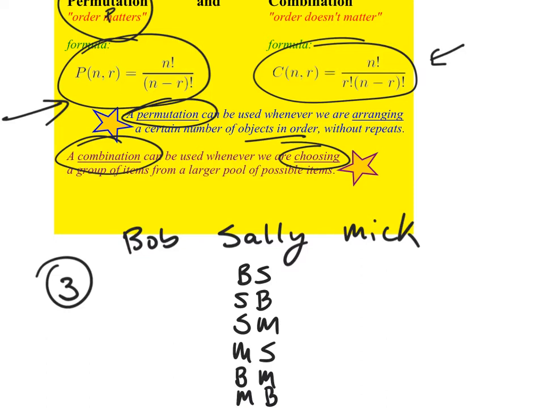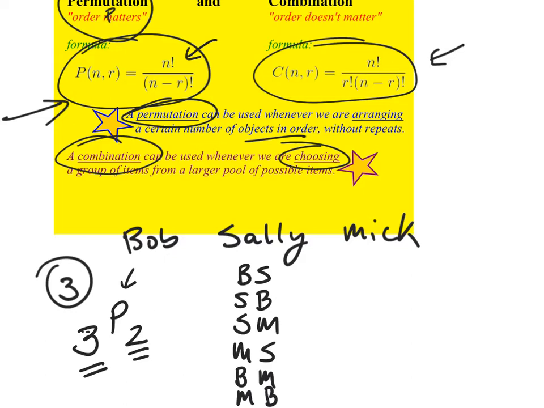And that's a total of 6. And is that all of them? Well, let's see. Our formula for finding permutations is that you do the bigger number, the n, which is we have 3 people to choose from, and this would be 3P2. I have 3 to choose from, and I was finding how many permutations there were of 2 people.